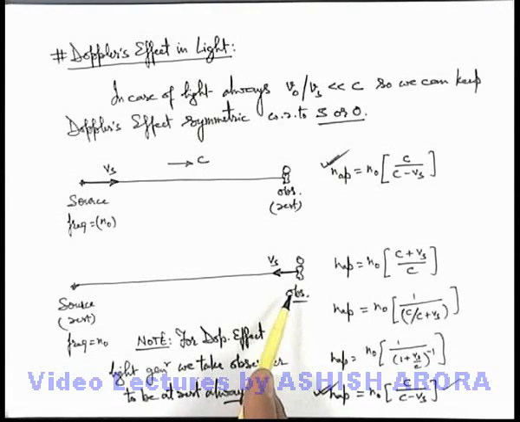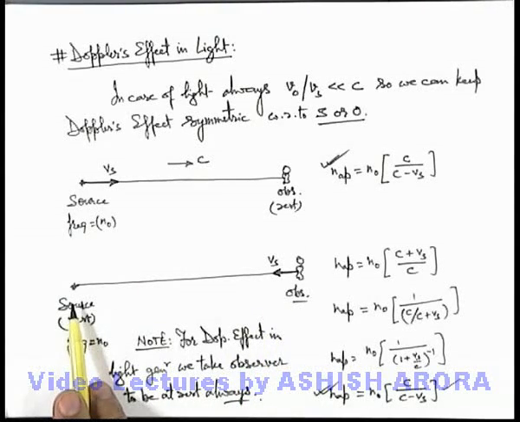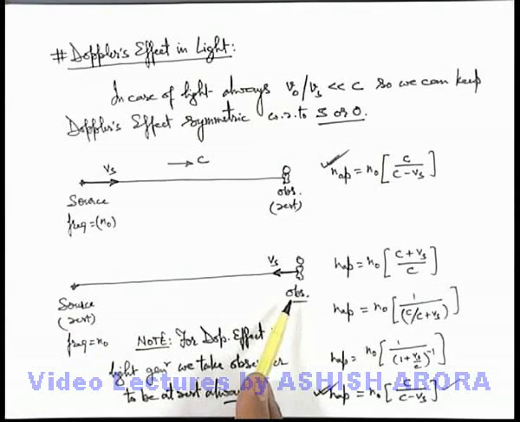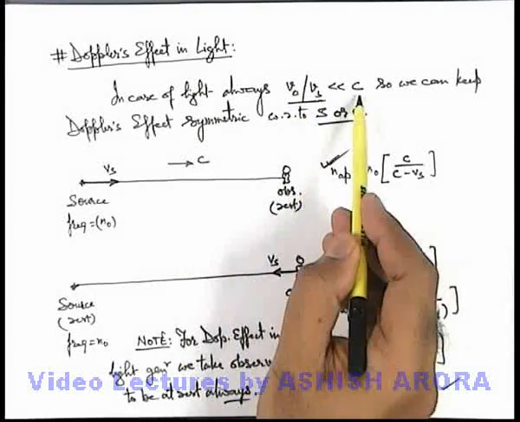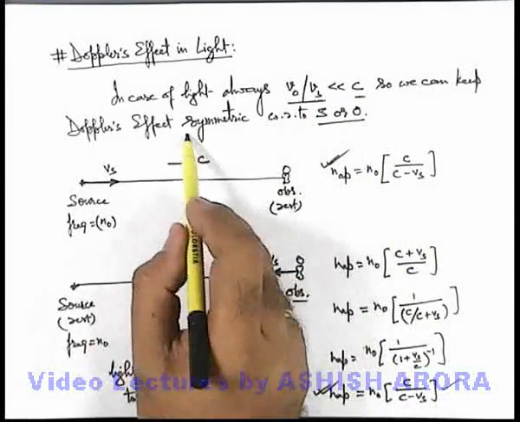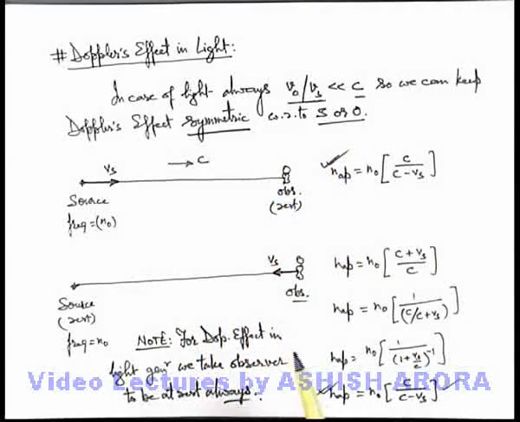Even if the velocity of the observer is accounted for in the relative speed of the source with respect to the observer, the result will remain the same, because the speeds of observer and source are very small compared to the speed of light, so it is symmetric with respect to either of these.